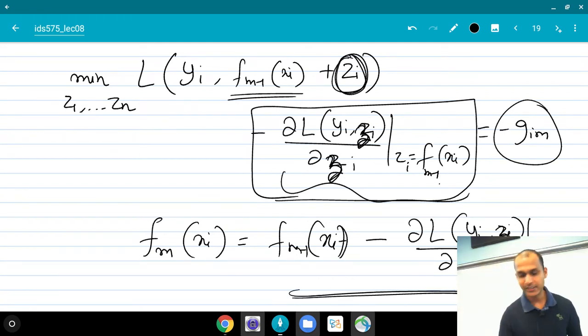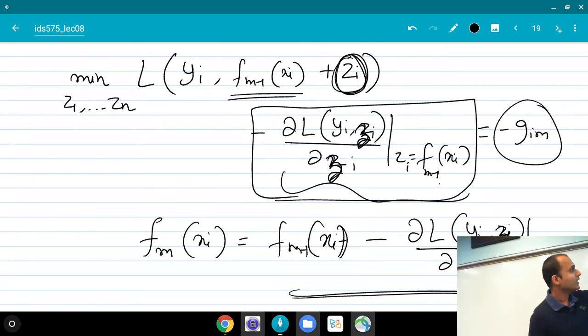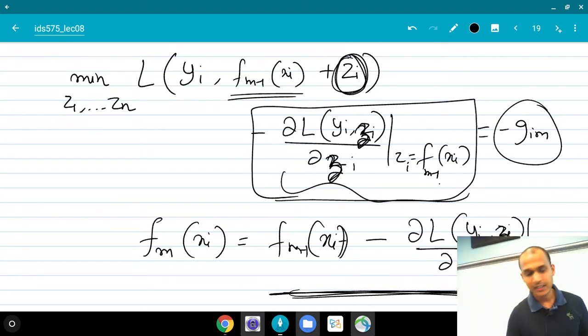So essentially we are saying fm minus 1 was there, and now minus GM is being predicted by a new tree. The minus GM is nothing but minus the gradient of the loss with respect to that argument at z equal to something. So this is nothing but a gradient step for this observation.